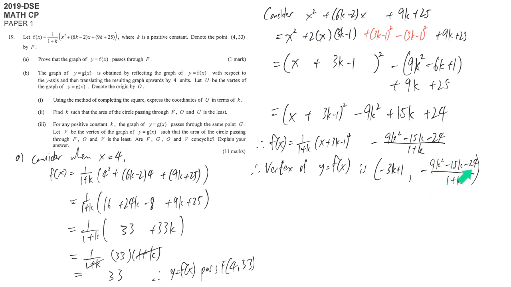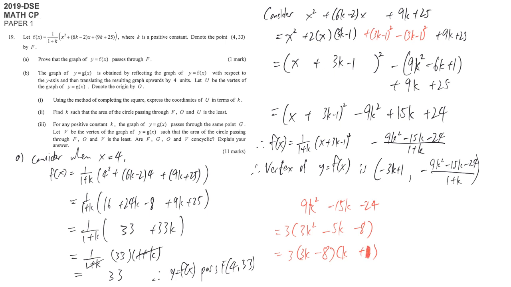But we should be more alert that this may be divisible, so we try to calculate in our draft 9k squared minus 15k minus 24, extract 3, and then this can be factorized. We may use minus 8 and then plus 3, that means plus 1 here.